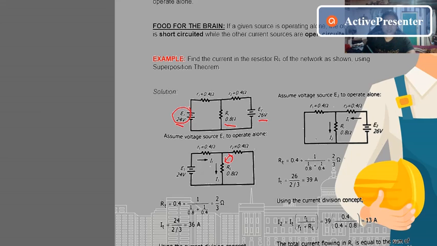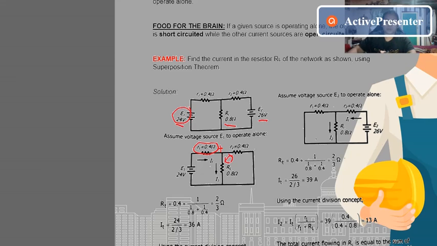So, therefore, since parallel, 1 over 1 over 0.8 plus 1 over 0.4, plus ang kaning series na sa ato ang R1.